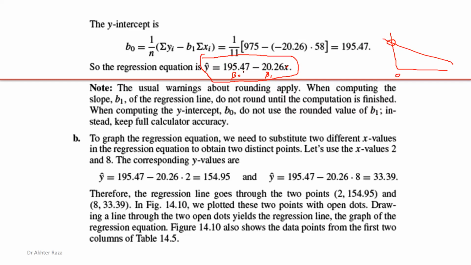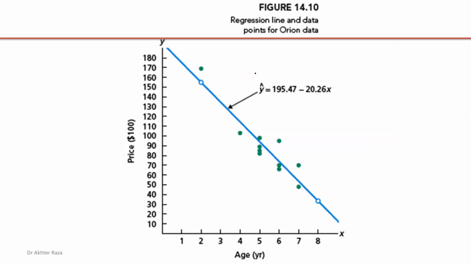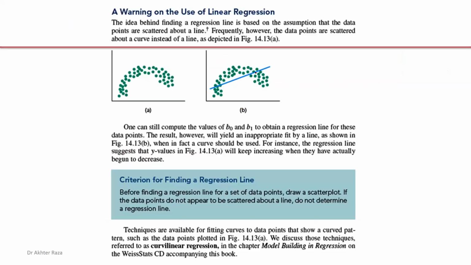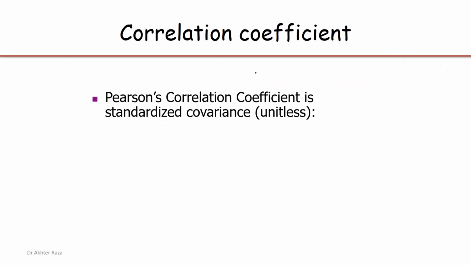So this is the y-intercept in the model. All of you should be familiar with the concept of slope and intercept from calculus, and we are using these two here. Now I am going to implement this model in R and show you how it is implemented.